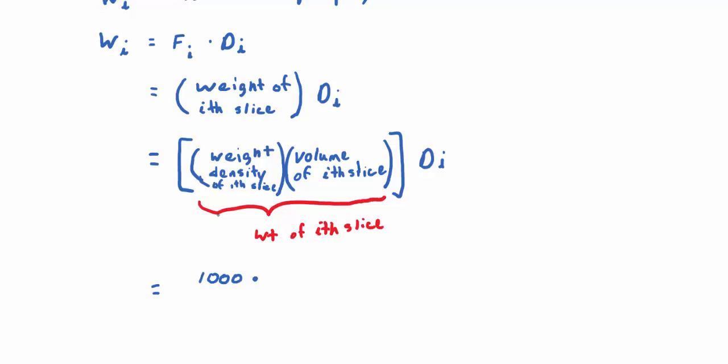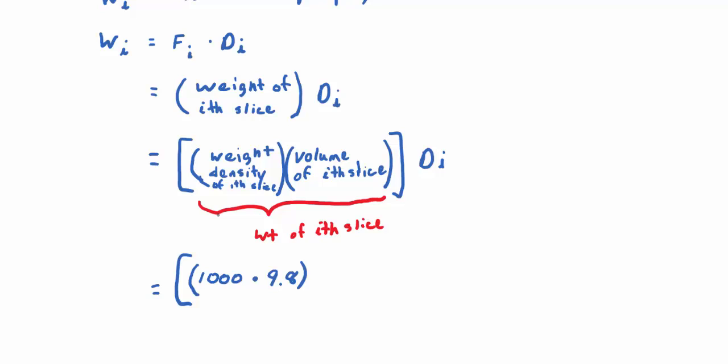Force, or weight, equals mass times acceleration, in this case the acceleration due to gravity. So it would be 1,000 times 9.8. That's just the weight density, okay? So it's 9,800.